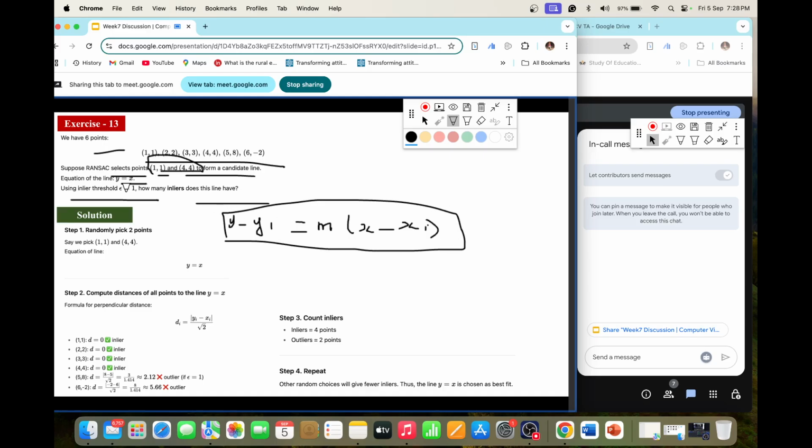Here the equation of the line has already been given, so let's ignore it. If we had not been given it and had just been given 2 points, we could easily form the equation of the line by this.